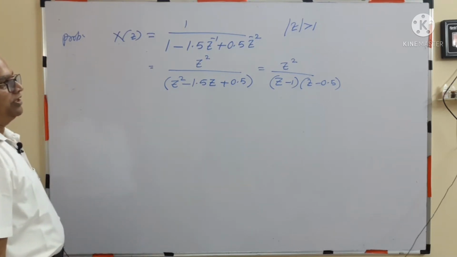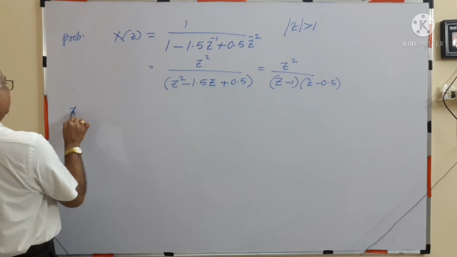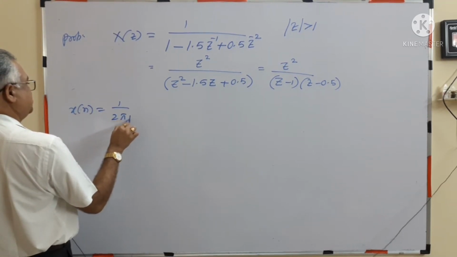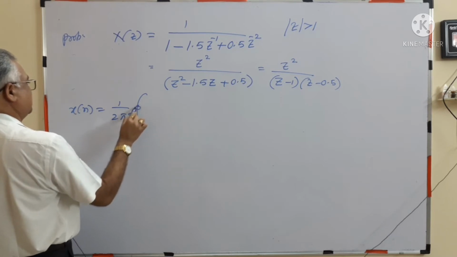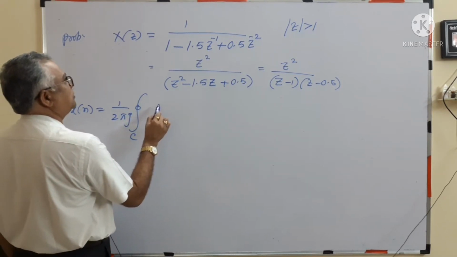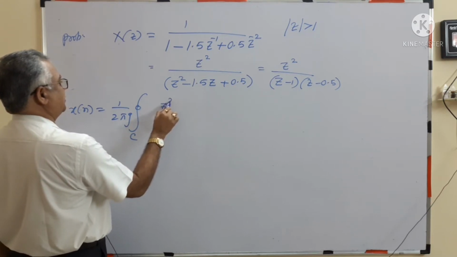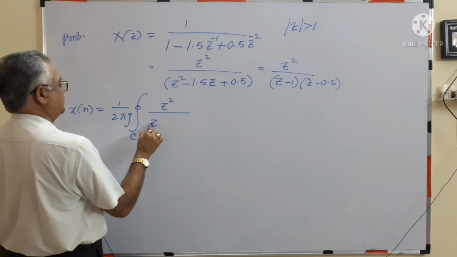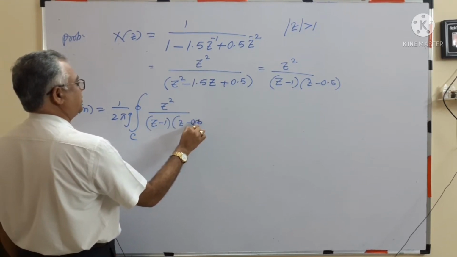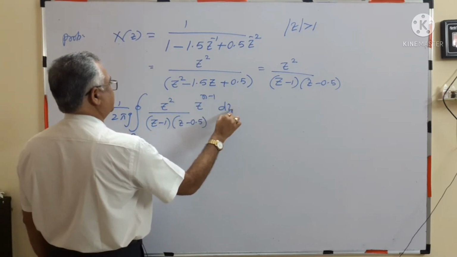So x of n equal to 1 by 2 pi j integral of X of z, z square by z minus 1 into z minus 0.5, times z to the power of n minus 1 dz.